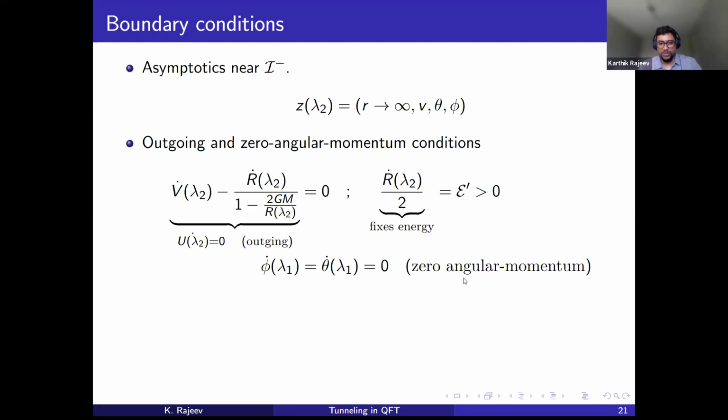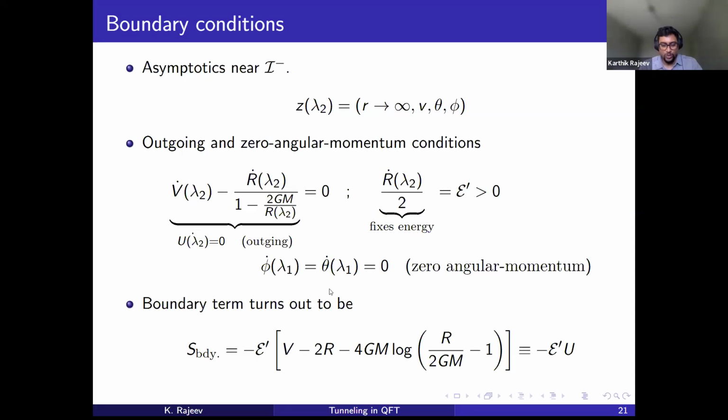And the zero angular momentum condition is nothing but the condition that phi and theta are not changing. So it turns out that the funny combination of V dot and R dot can be written in a simple way as just U dot equal to 0, where U is this function given in the square bracket in the last equation.